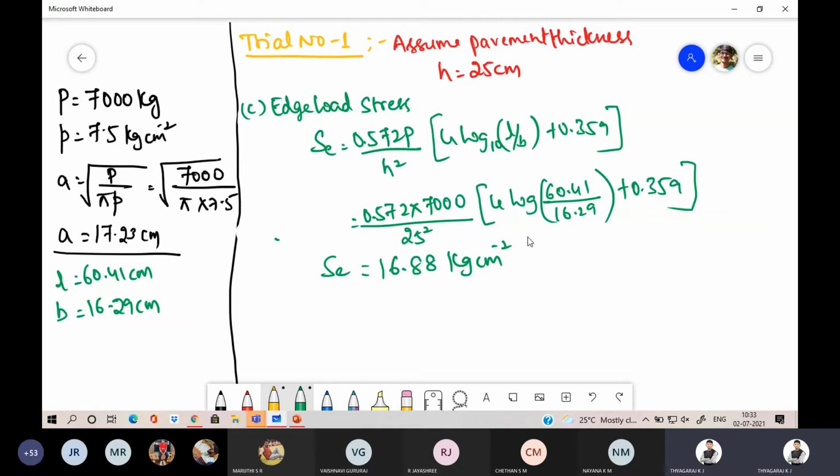Now they have given the temperature, so we are going to consider the warping stresses also, that is the edge warping stress. So note down, for h equal to 25 centimeter, the temperature differential.